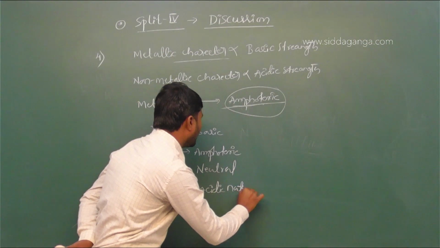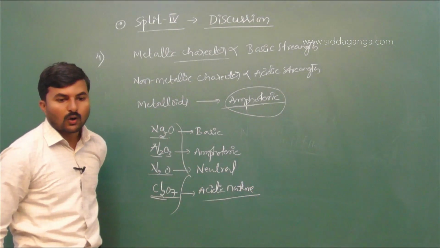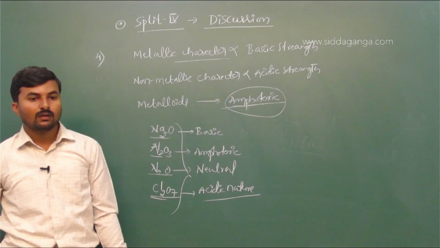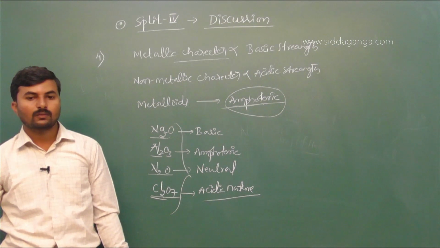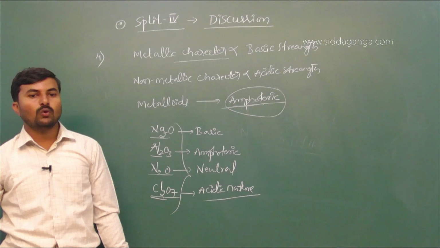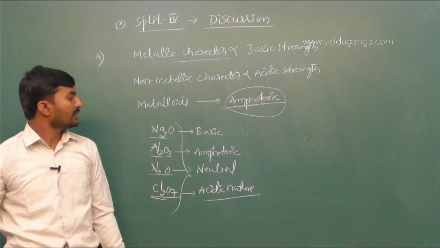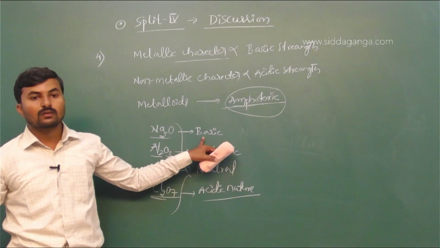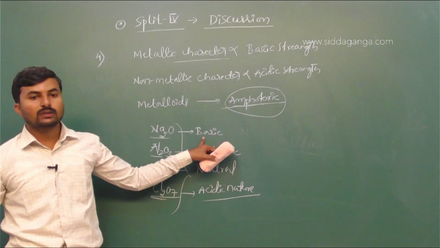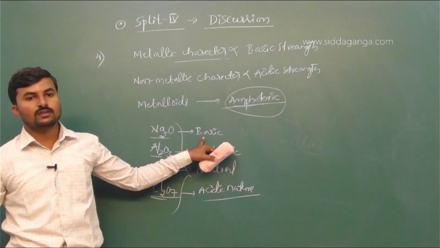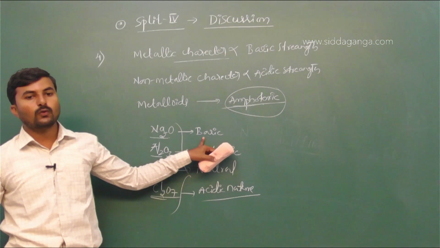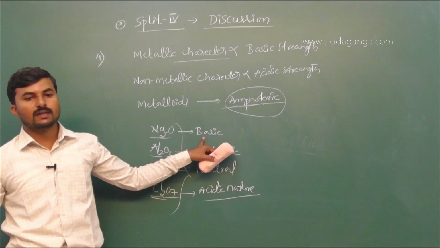So which is the correct match then? What are the options they have given here? For Na2O, which is correct? Na2O is a basic one, meaning 2. For Al2O3, D, it is amphoteric, followed by N2O, this is neutral, A, followed by the fourth one, Cl2O7, which is acidic, C. So which is the correct option here?